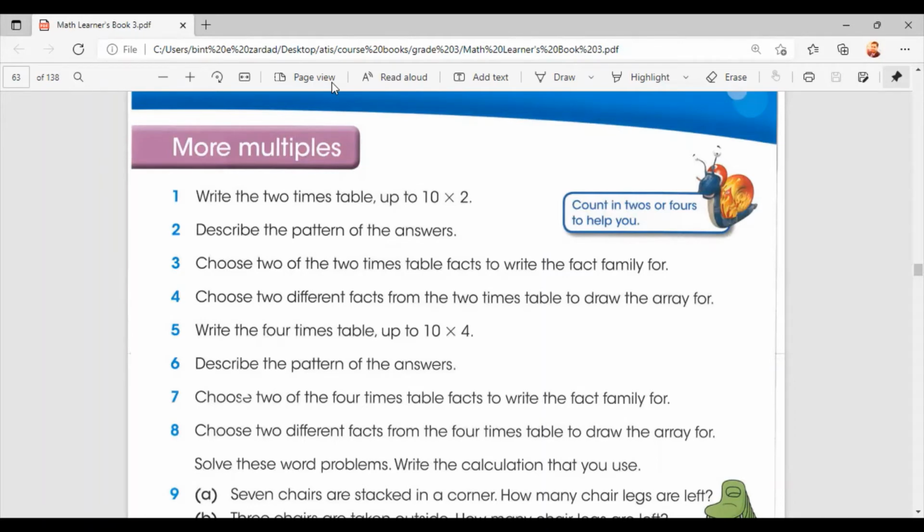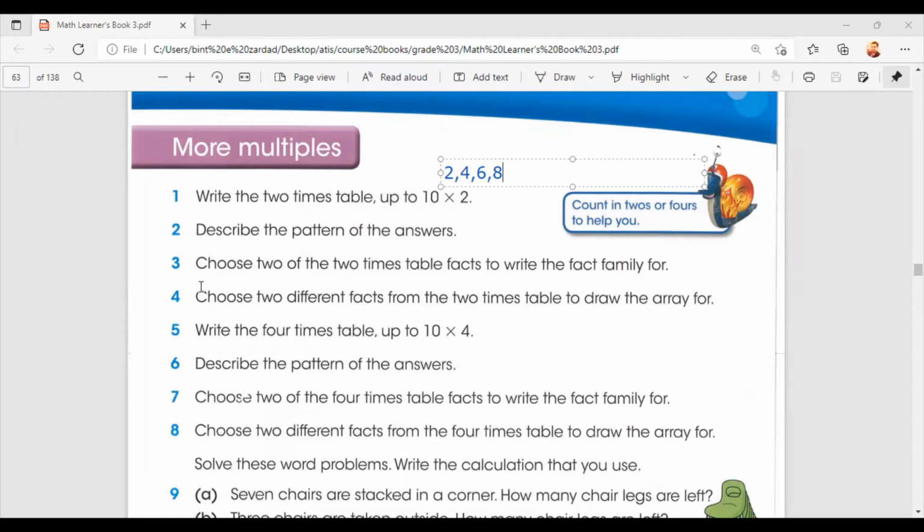Like 2 multiplied by 1 is 2, 2 multiplied by 2 is 4, 2 multiplied by 3 is 6, 2 multiplied by 4 is 8, and so on. You can see every time 2 is increasing, from 4 to 6, and we follow this pattern.